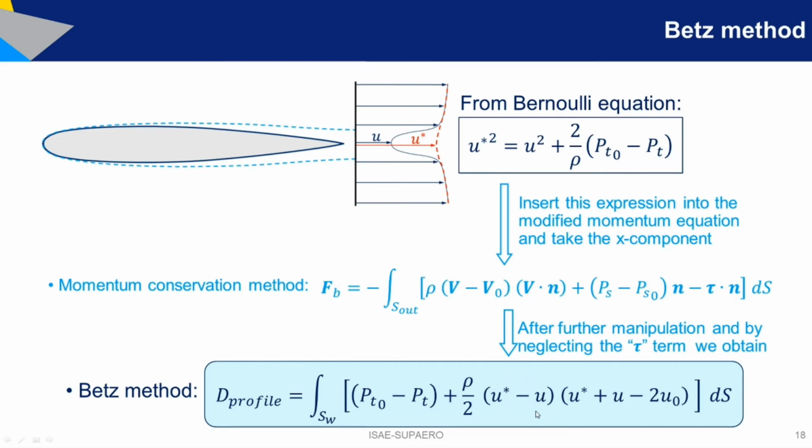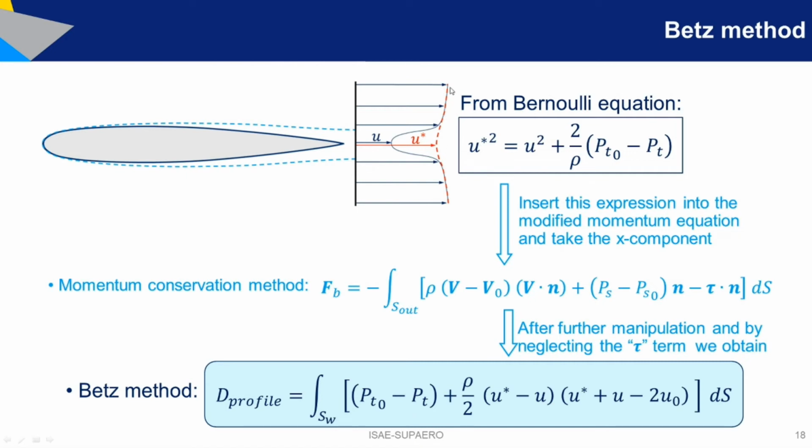And even more, the advantage of using this decomposition is that you will reduce this integral that before required an infinite plane. Now it just requires an integral across the wake. Why? Simply because this term and this term will fade out, will be zero outside the wake.